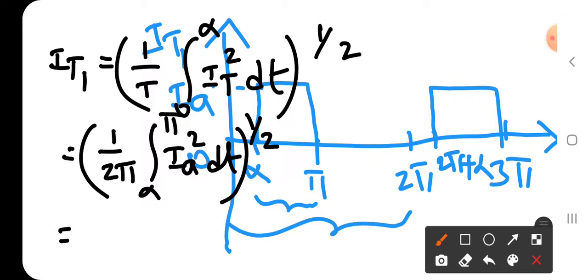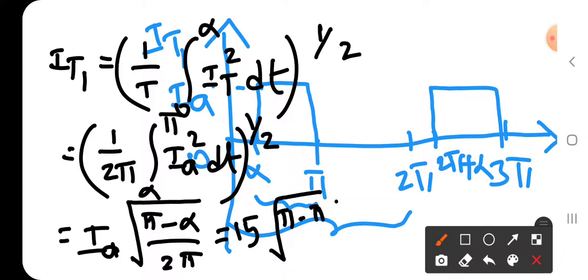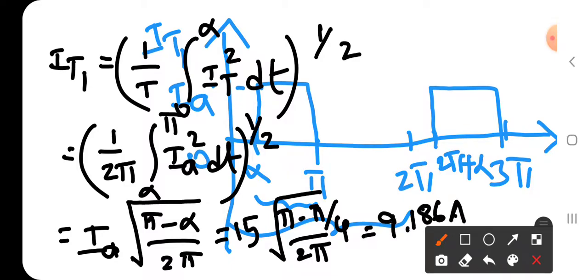Hence this is IA into the root of pi minus alpha by 2 pi. Substituting alpha equals pi by 4, we get 15 into the square root of pi minus pi by 4 by 2 pi, which is approximately 9.186 amperes.